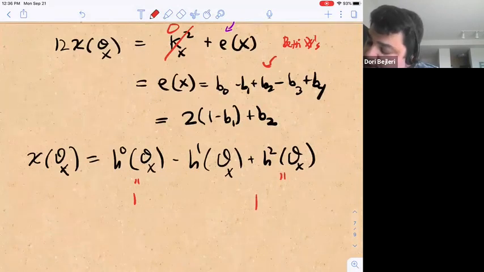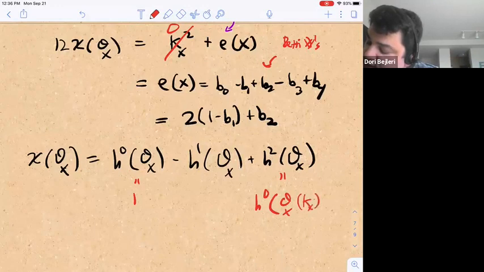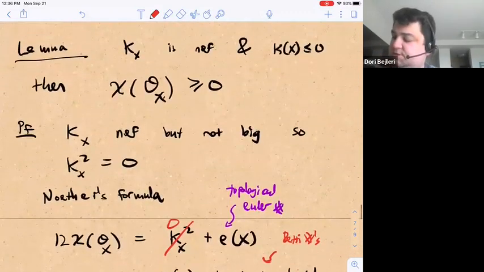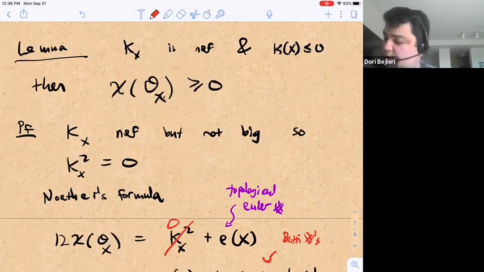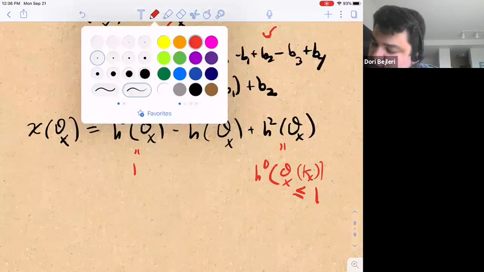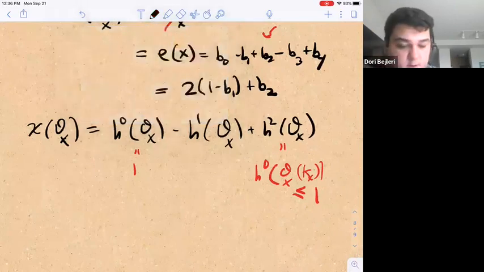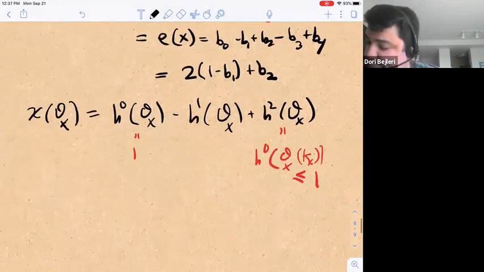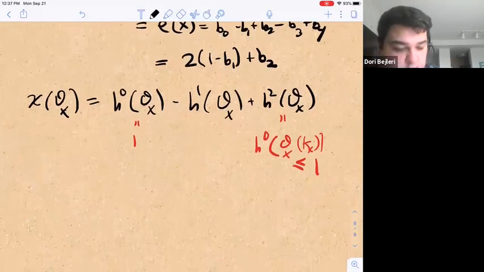And this is H0 of O_X(K) by Serre duality, but this is at most 1 because of our assumption that the Kodaira dimension is less than or equal to 0. Then we can also write down B1.